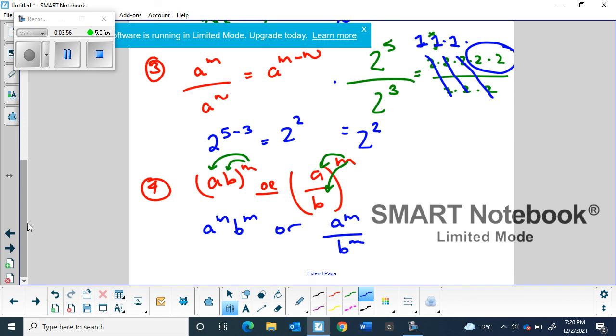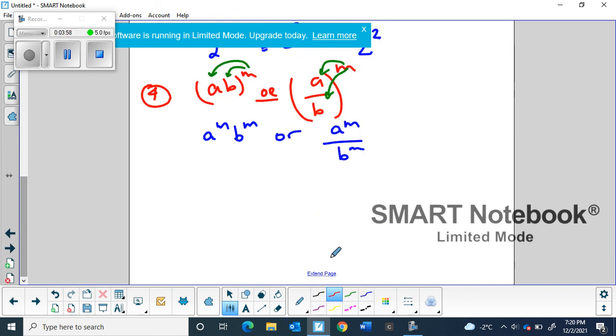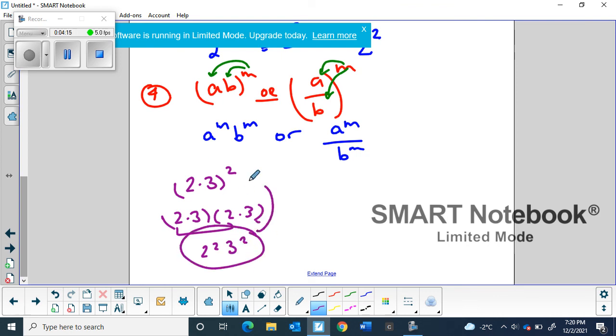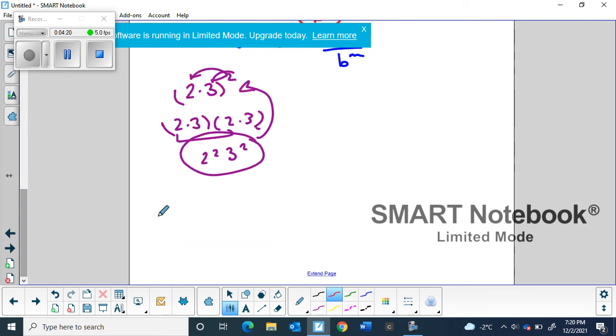So the exponent applies to all of them. And if we did an example of that, (2 times 3)^2, that means I have 2 times 3 twice. 2 times 3, 2 times 3, that means we have 2 2's, and we have 2 3's. All right, which applies the same thing to our rule of bringing them all in.